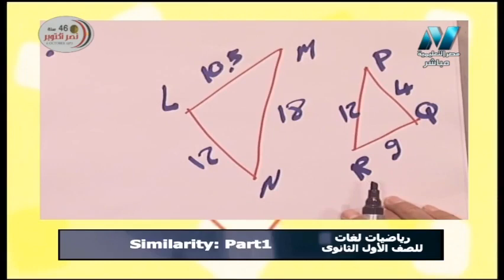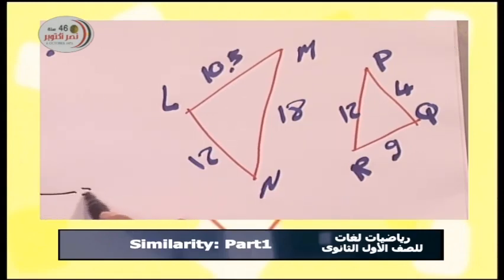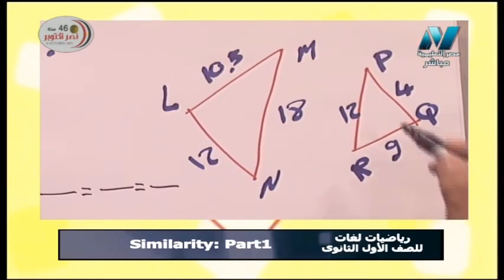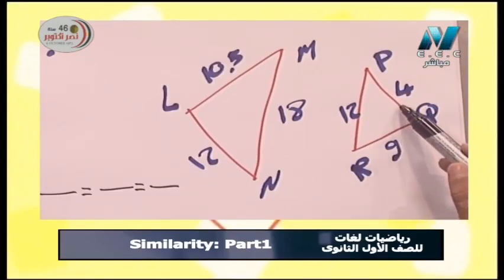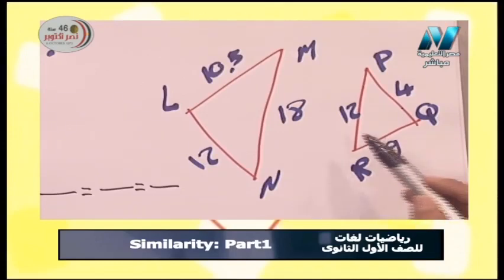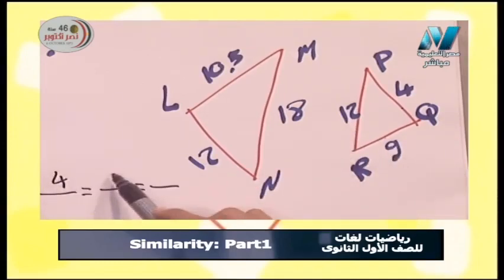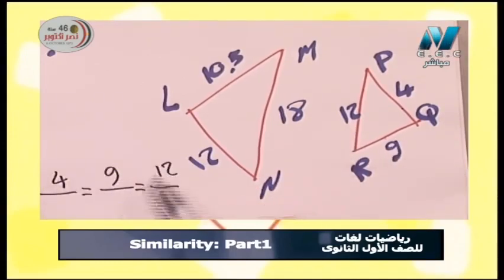Okay, let's use the method that we explained. We have here three sides and we find fractions for them. Let's start with the triangle PQR. The smallest number here is 4, and after that 9, 12. 4, 9, 12.